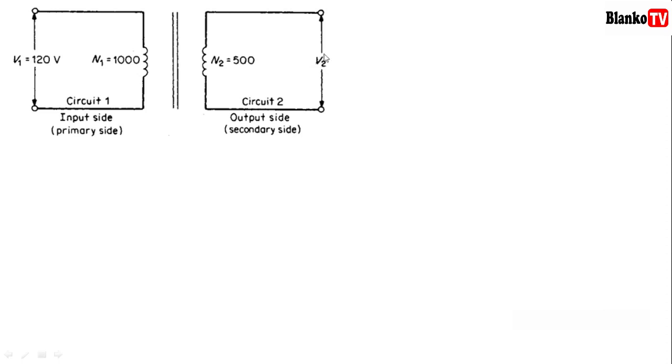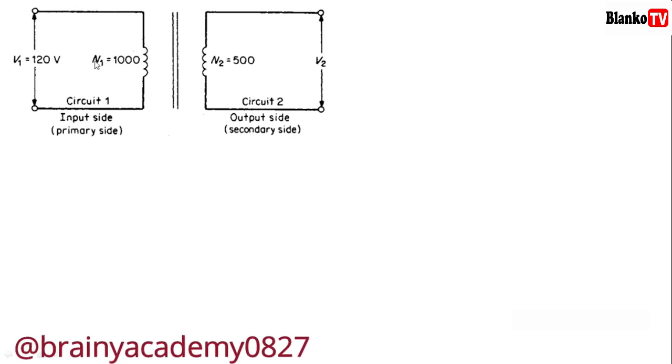V2 is the secondary voltage that we are to solve for, and then N2, the secondary number of turns, is 500. So this is our diagram.